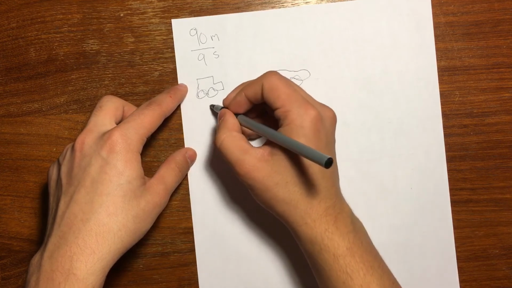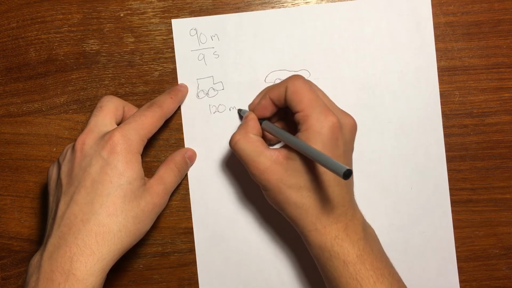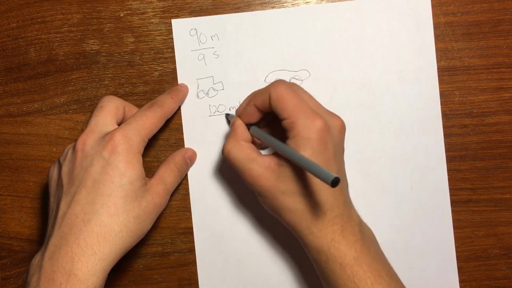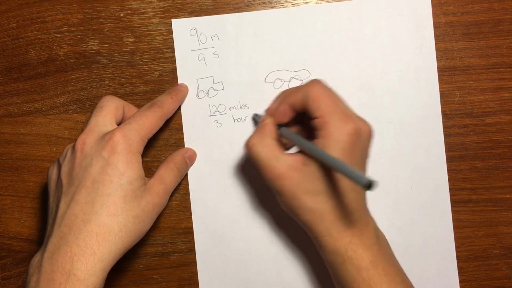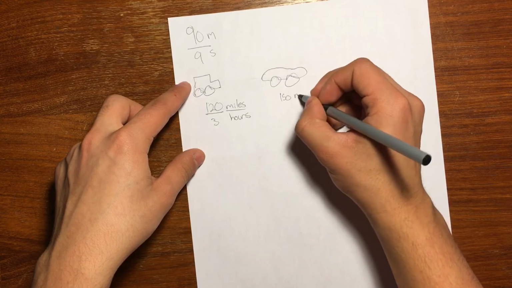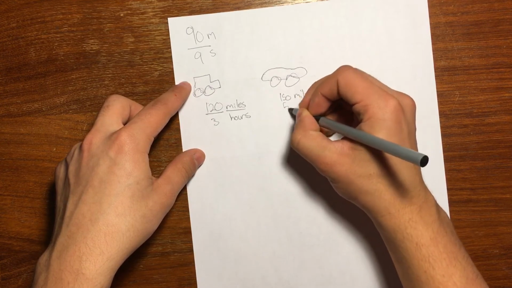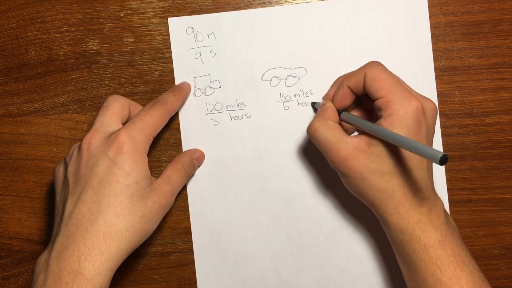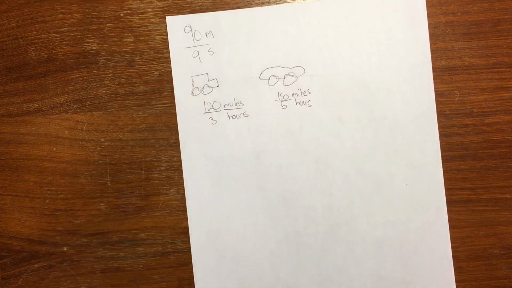The first car drives at 120 miles per 3 hours. And this car drives at 150 miles per 5 hours. So the question is, which rate is higher?